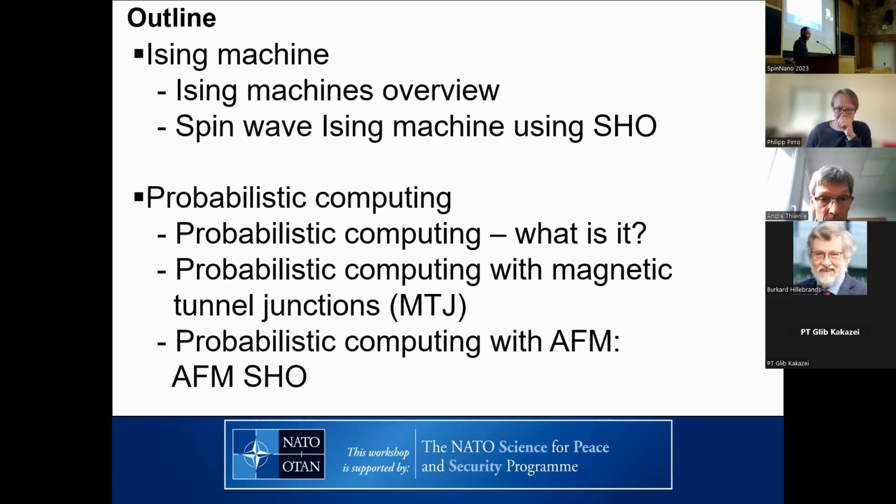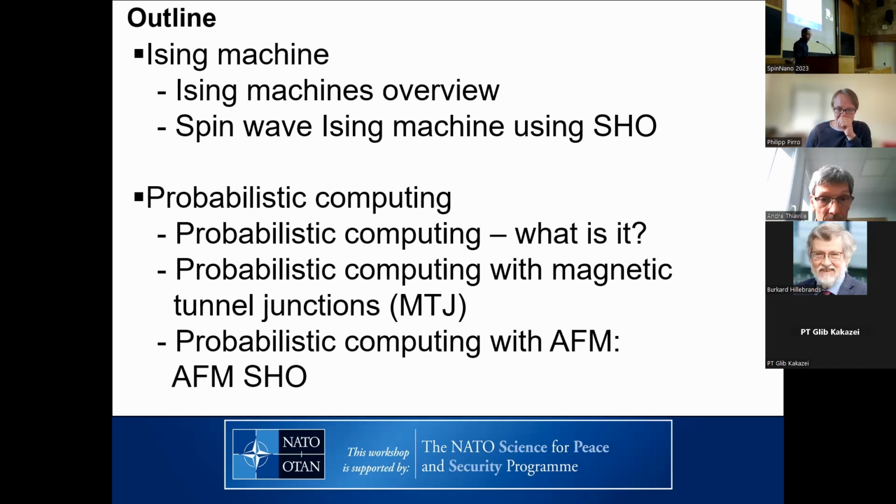I will not talk today about neuromorphic computing. That's another big section we can talk about and can use magnetic systems for, but I have limited time, and after lunch there will be a big talk about neuromorphic computing, so I hope that part will be covered there.